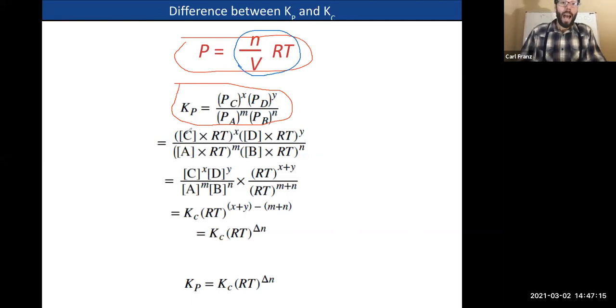We can write it as the concentration of C, right? Because that's the molarity, that's n over V, moles over liters. Concentration of Z times the gas law constant of 0.08206 liters times atmospheres divided by moles times K, raised to the coefficient, and so on.